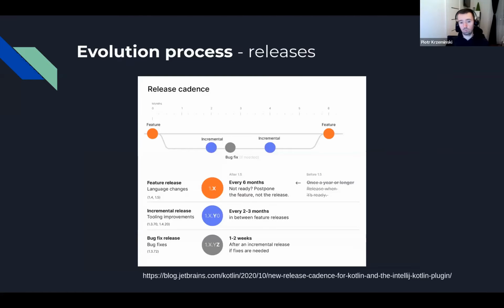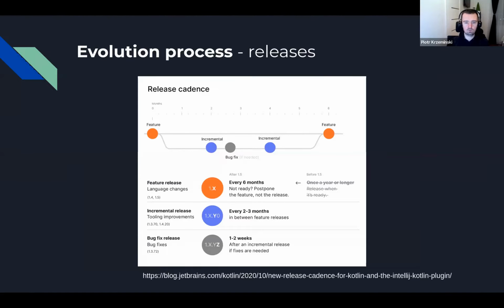The second topic is about the evolution process and how Kotlin tackles backward compatibility. So first, let's start with a brief description of how versioning and release process looks like.